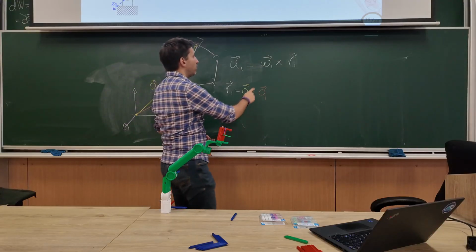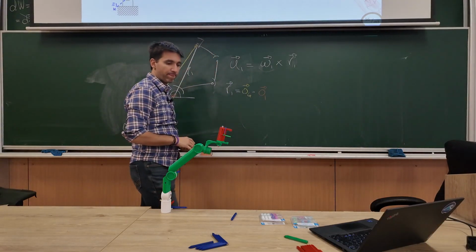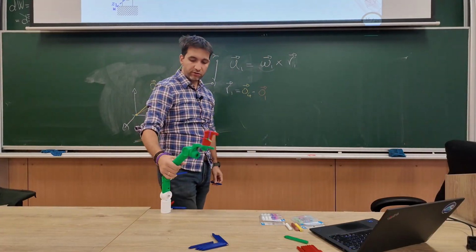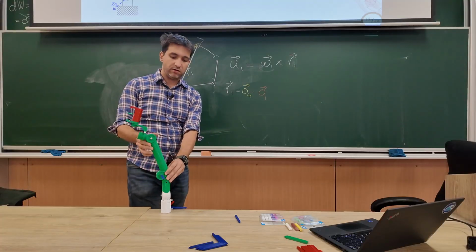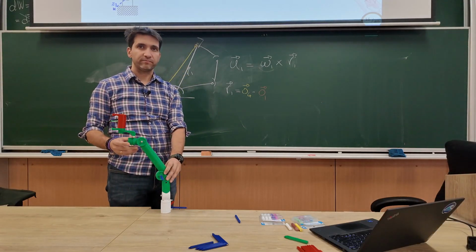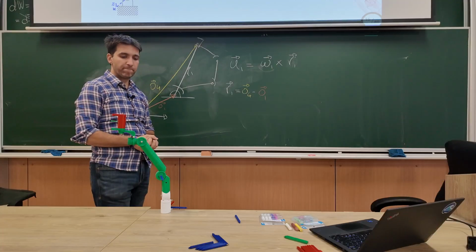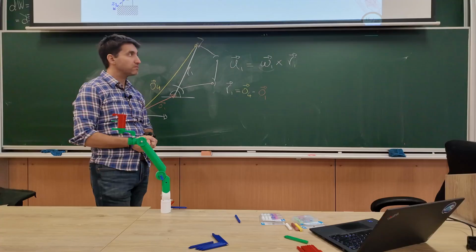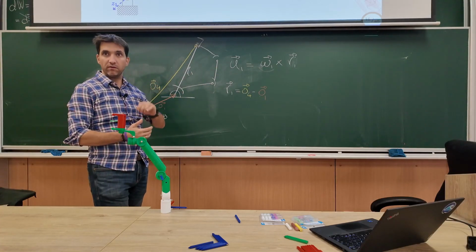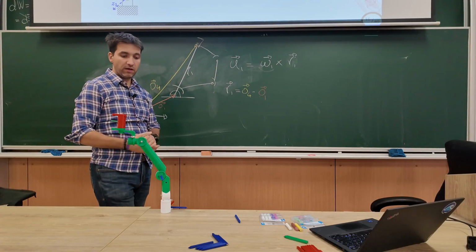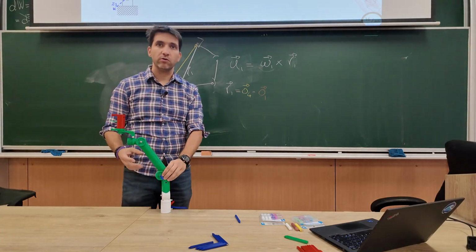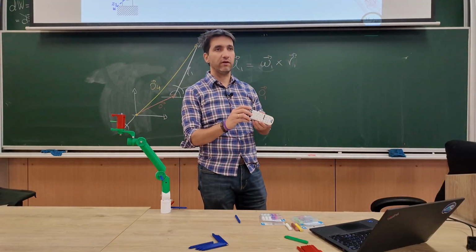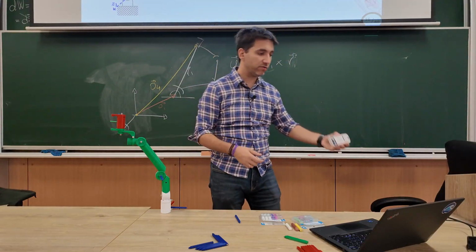What is this omega i? This is the angular velocity due to rotation around a joint. What would that be? It's a vector. It's the vector passing through the joint, showing me the axis of rotation. We saw earlier that the angular velocity is a vector passing through the axis of rotation.